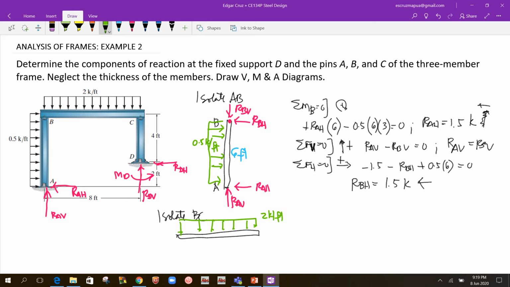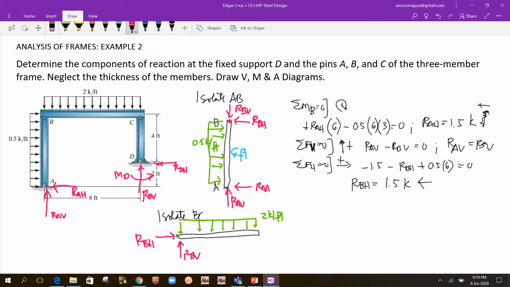Okay, so since they are pinned din, diba? So pinned silang dalawa. So itong point B, from action-reaction coming from this point, if we assume this to be the direction, action-reaction, it would be opposite. So kung downward yun, it would be upward. RBV, tapos yung to the left, ito magiging to the right, which is the RBH.